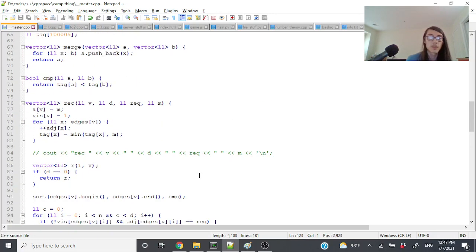Okay, so we set a v equal to that mask, and we set visited v equal to 1. Now for each edge, add to its adjacency list, and set its tag to the min of that and this mask. It's adjacent to a thing with this mask.